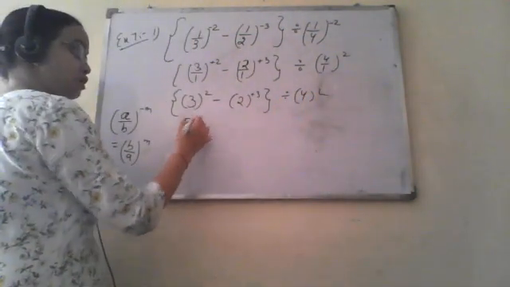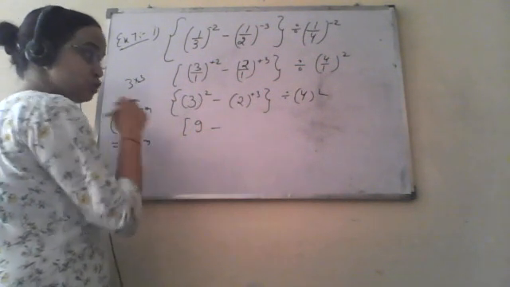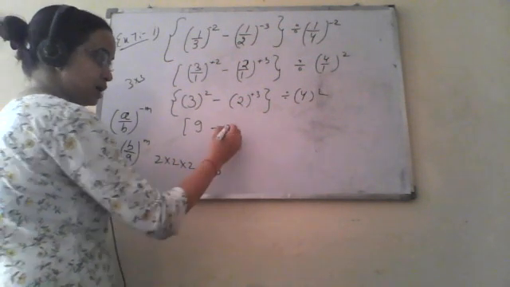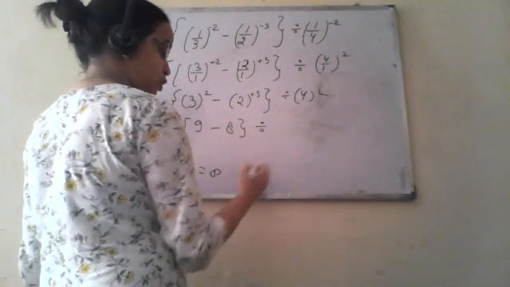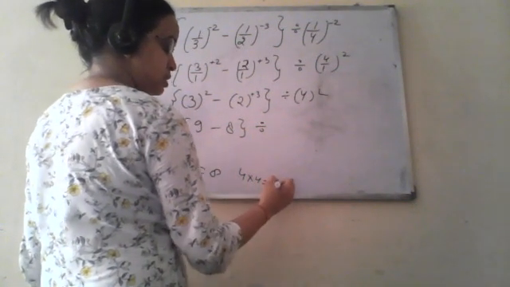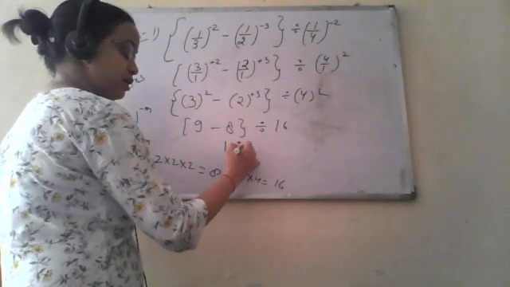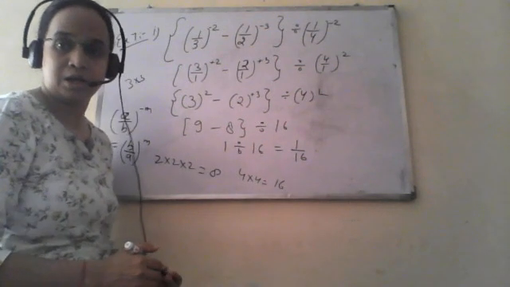Now 3 to the power 2 is 3 into 3, that is 9, minus 2 to the power 3, which is 2 into 2 into 2, that is 8. So 9 minus 8, divided by 4 to the power 2, which is 4 into 4, that is 16. So 9 minus 8 is 1, divided by 16. So the answer is 1 upon 16. Clear?